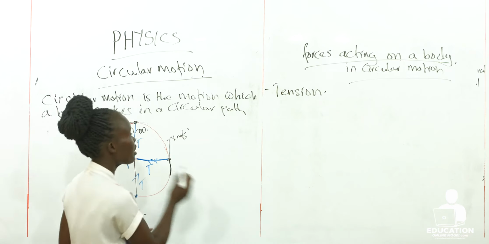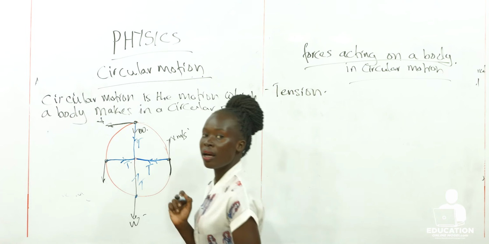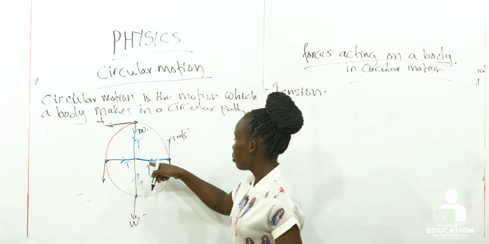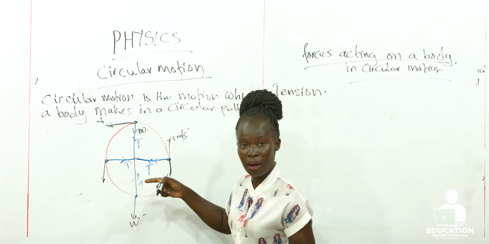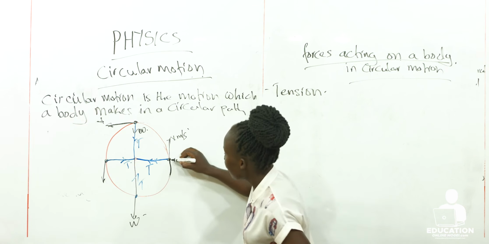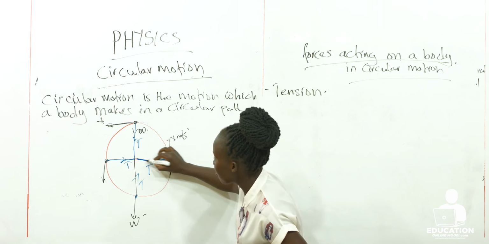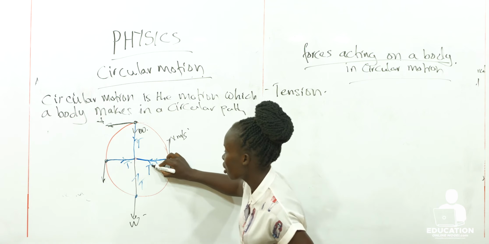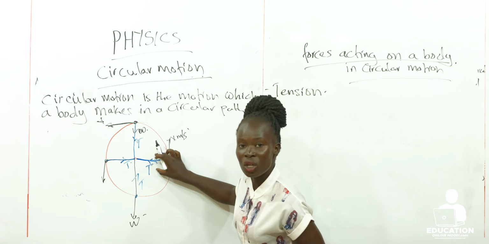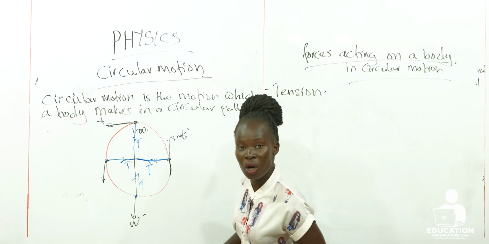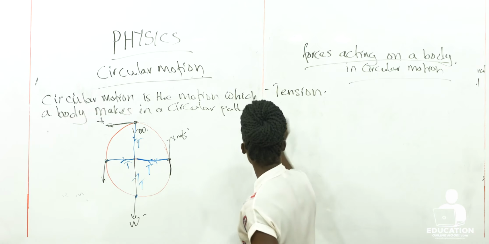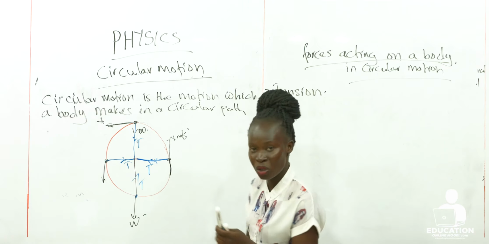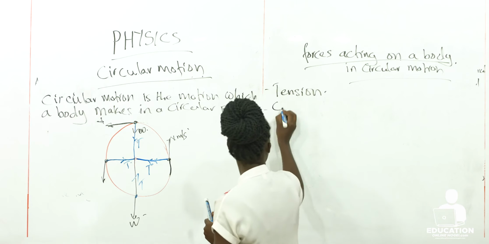So every time you rotate your rope or the string or the pendulum bob, know that there is a force acting towards the center, which is the tension. So this tension gives rise to the centripetal force.